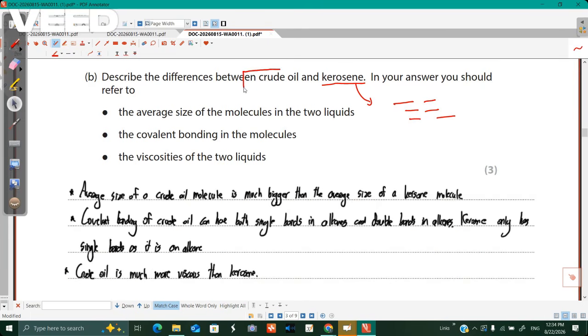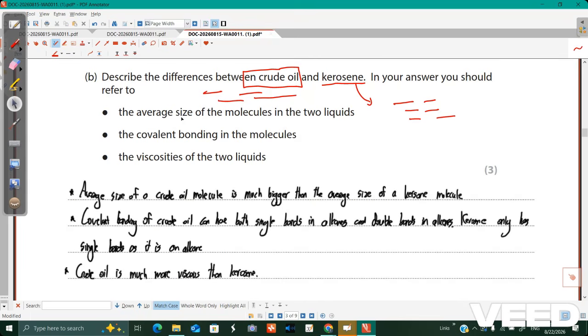Crude oil has a much larger range of hydrocarbons mixed. Both are mixtures, but kerosene has several hydrocarbons with similar chain lengths, while crude oil has many more different types of hydrocarbons in different chain lengths mixed together.